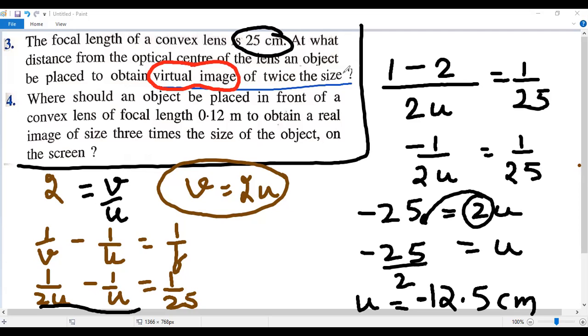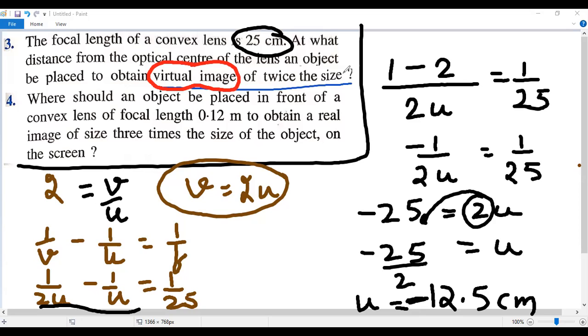So minus 12.5 centimeter. The sign minus means the object is placed on the left side of the lens. So the value of u is minus 12.5 centimeter. It means that object is placed on left side of optical center at a distance of 12.5 centimeter.